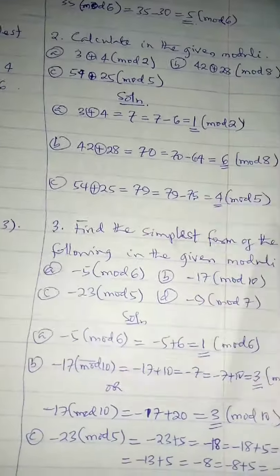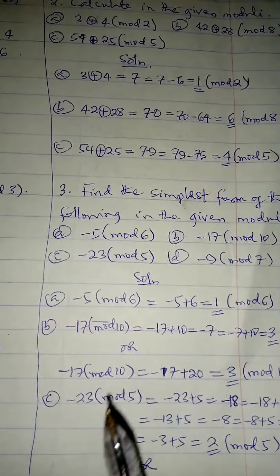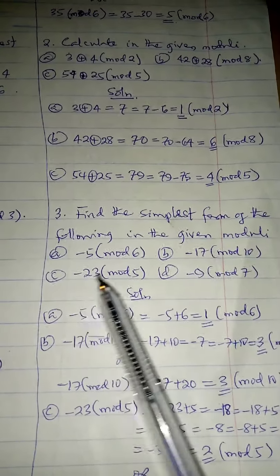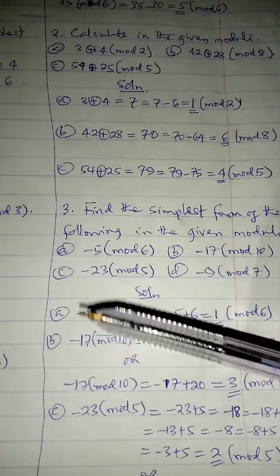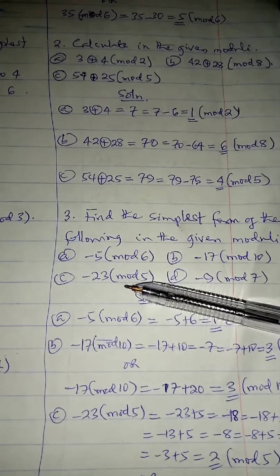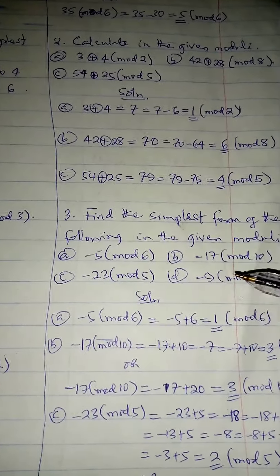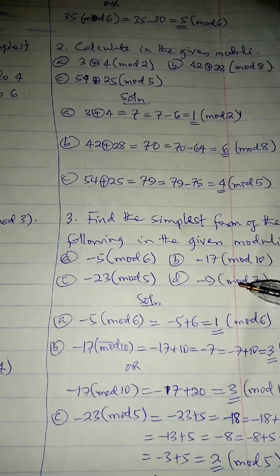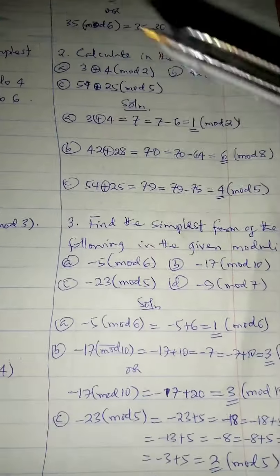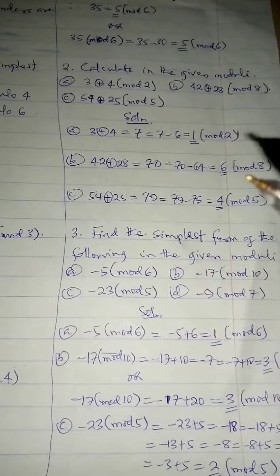Now let's consider negative numbers. For example, number 3, find the simplest form of the following in the given moduli: minus 5 in mod 6, minus 17 in mod 10, minus 23 in mod 5, minus 9 in mod 7. Now, when it's negative, you'll be adding until you have a positive number.